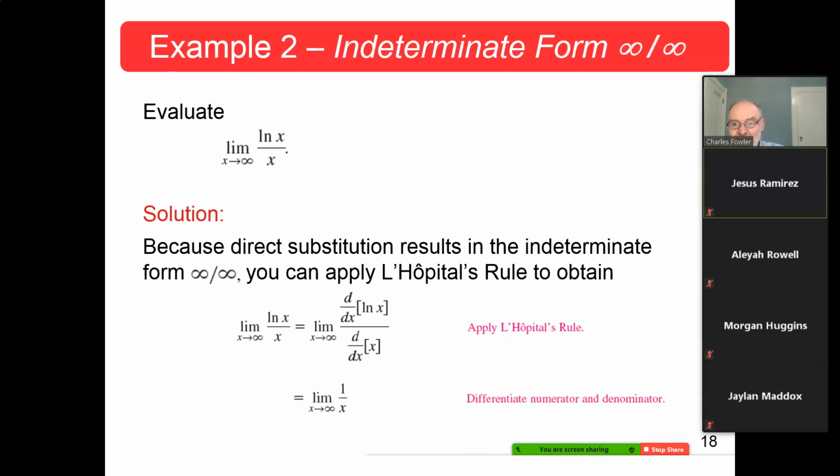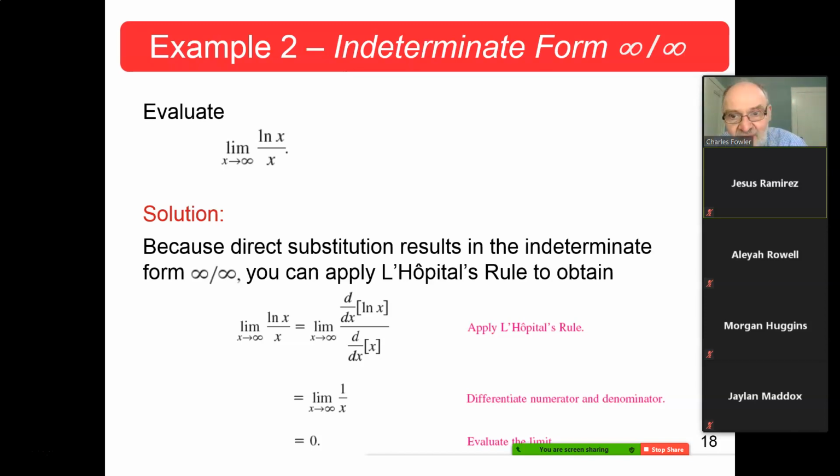However, applying L'Hopital's rule, you get 1 over x over 1, which is simply 1 over x. Let that go to infinity. 1 over an infinitely large number is getting closer and closer to 0. So L'Hopital's rule works in both of those circumstances.